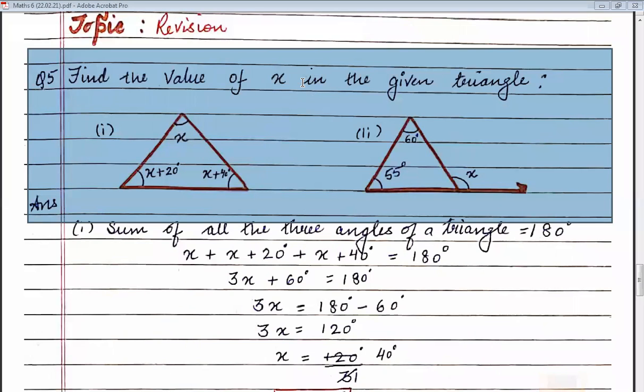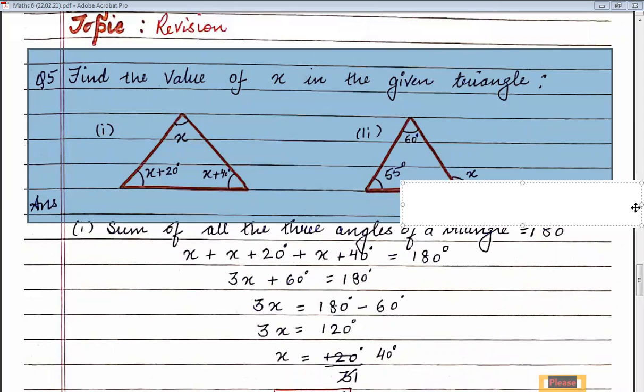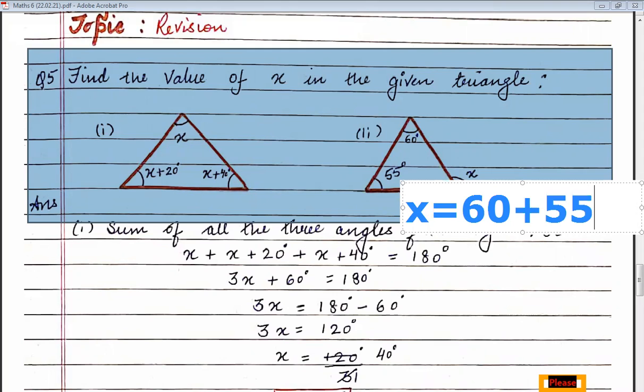In the second, you have an exterior angle in this question children. So you know the property of exterior angle. The exterior angle is always equal to the sum of two interior angles. That will be 60 plus 55.